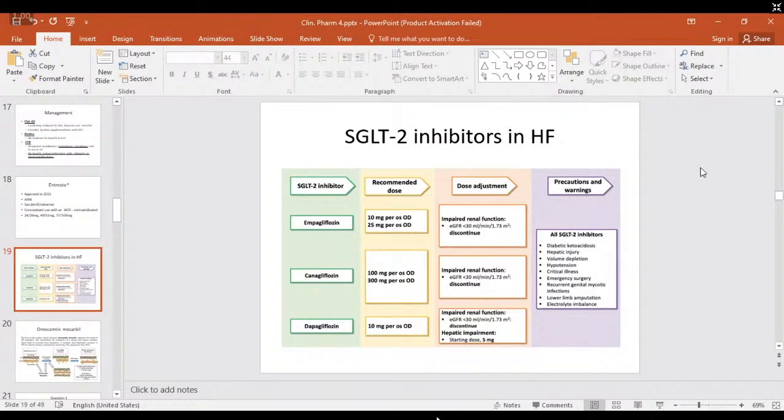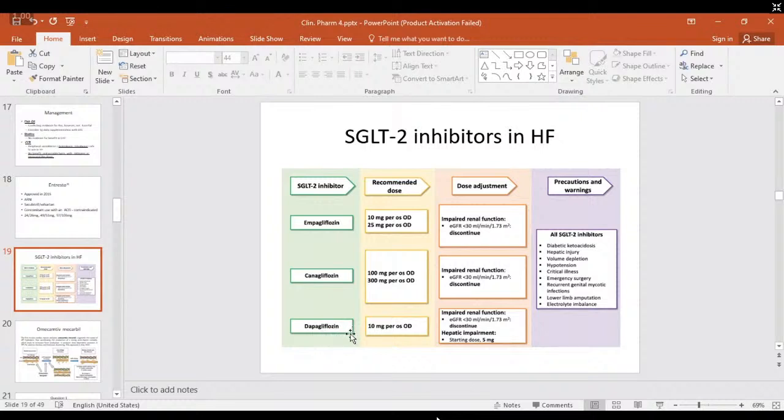They were shown to reduce both mortality and morbidity, and that's why in the coming years we're probably going to see a lot of patients taking empagliflozin, canagliflozin, or especially dapagliflozin, who have heart failure and who don't have or who have also diabetes.